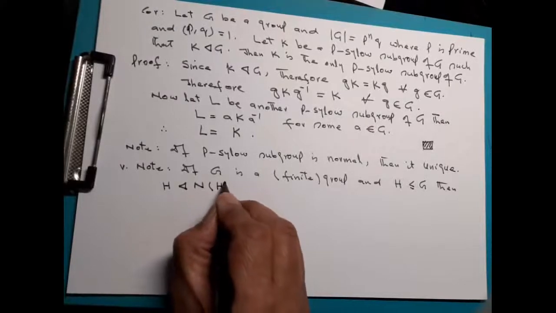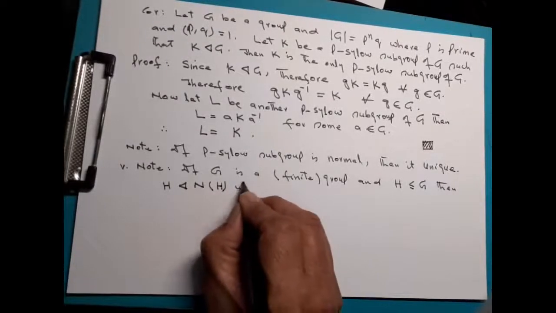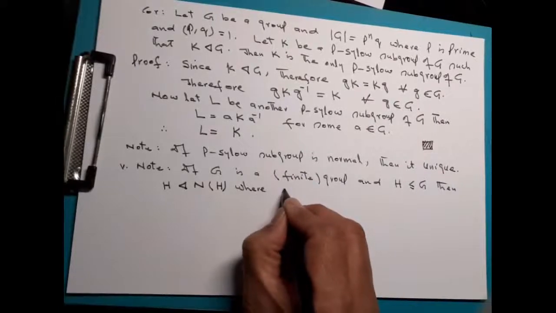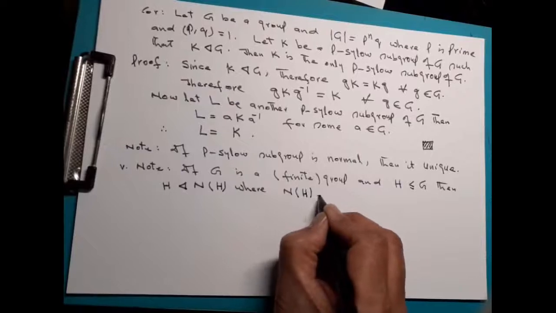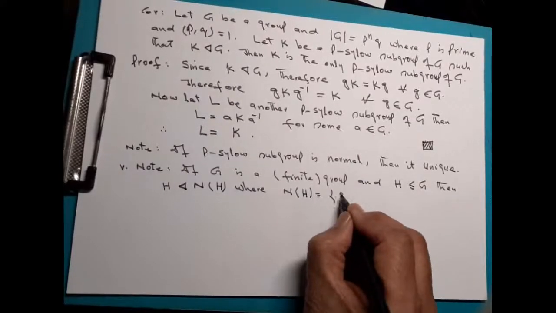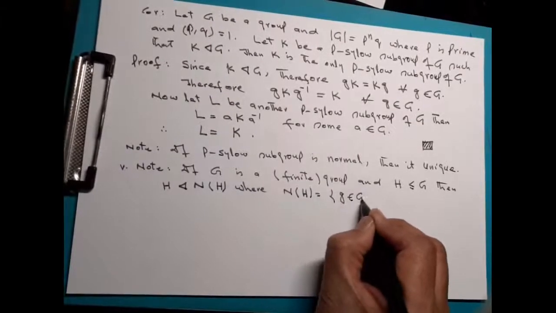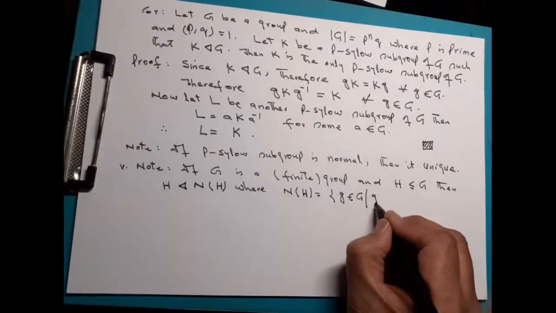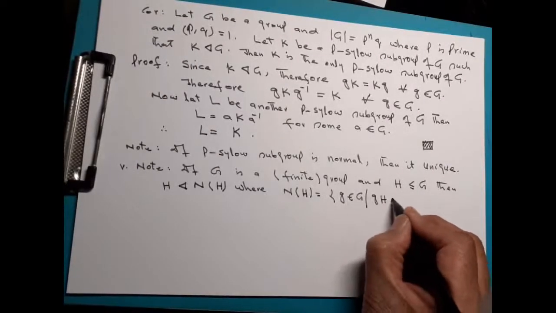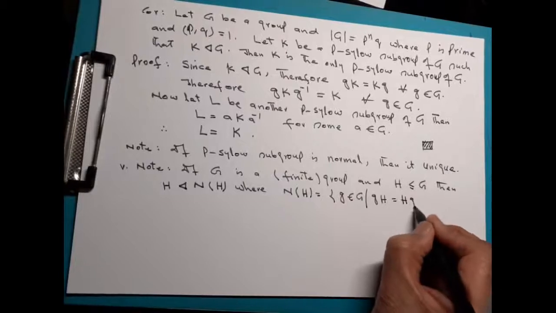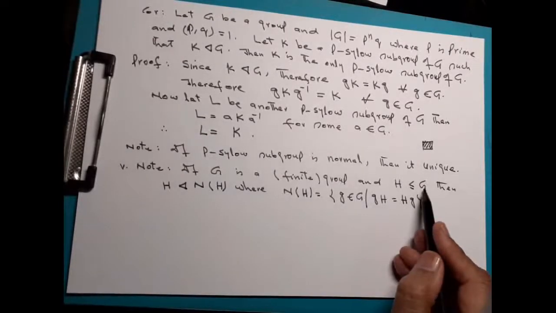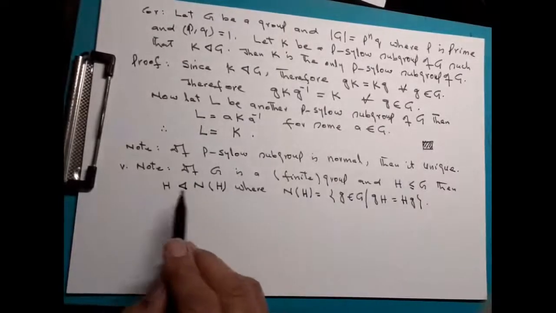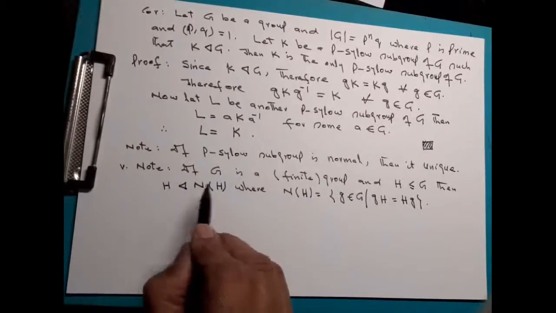Recall that we have defined what the normalizer of H is. The normalizer of H consists of all those elements of the group G for which the left and right cosets of H are equal. And you can easily see that if H is a subgroup of G, then H is a normal subgroup of its normalizer.